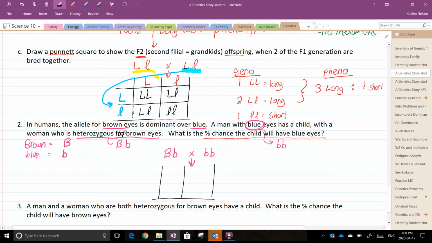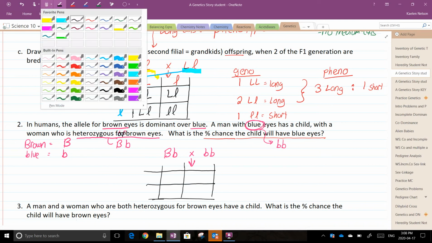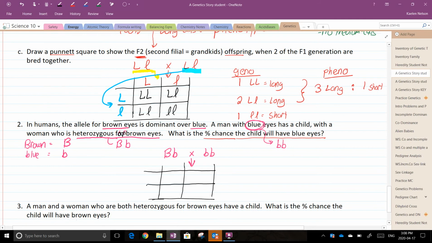A little pressed for room here. Okay, my first parent I'll put up here. My second parent I'll put over here. Split up the alleles. And we get big B, little b, little b, little b, big B, little b, little b, little b.